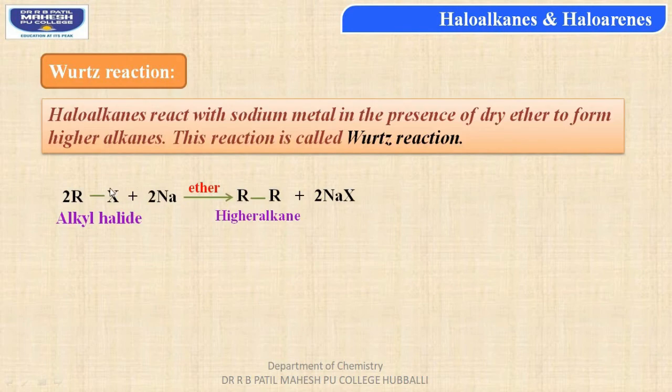In this reaction, both the sodium atoms combine with the halogens from 2 moles of alkyl halide to form sodium halide, whereas both alkyl groups combine to form higher alkanes with a larger molecular weight.